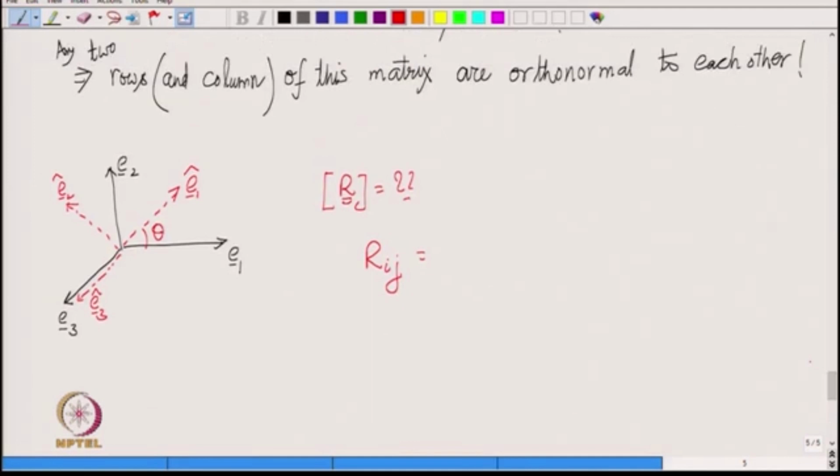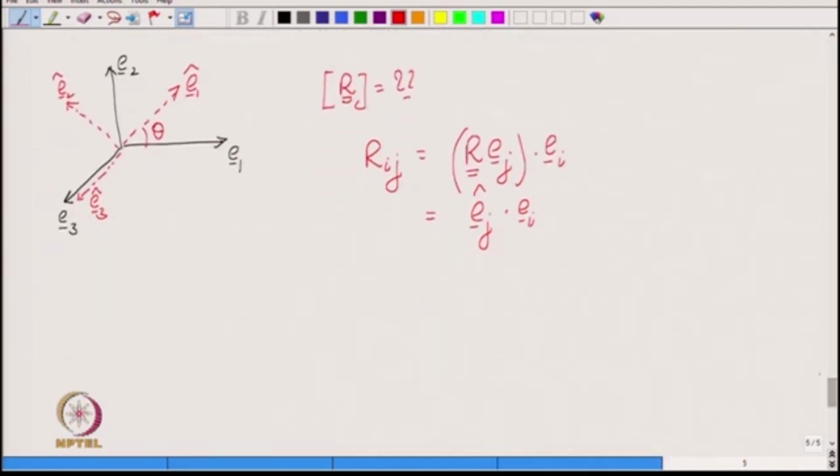So, R i j is then rotation tensor R into E j dot with E i, but by definition of this rotation tensor, R into E j is nothing but E j hat dotted with E i, correct. So, do you see now what is R i j? So, the jth column of this rotation matrix is the E j hat vector written in the E1, E2, E3 coordinate system.